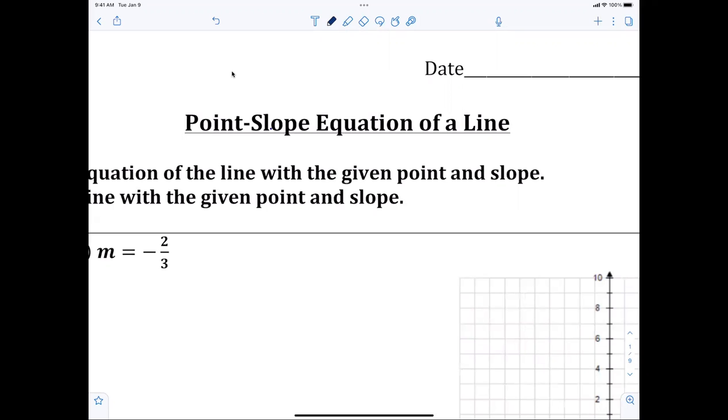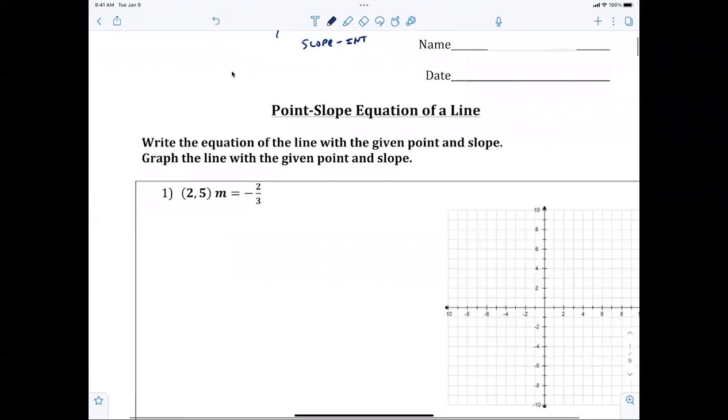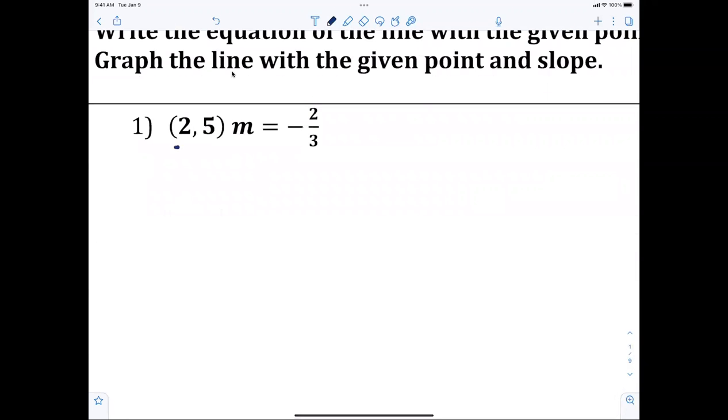Yes, it gives you the slope. It gives you a point and it gives you a slope. So you're going to use the point slope form when they give you a point and a slope. In this format, is this the y-intercept? No. Definitely not the y-intercept.